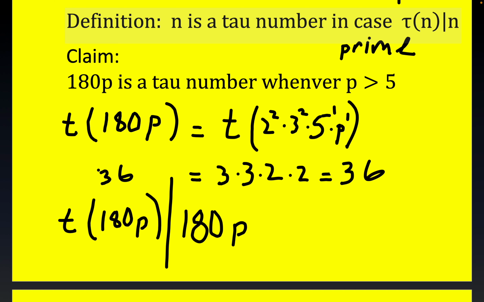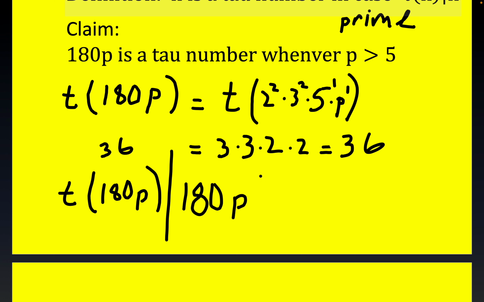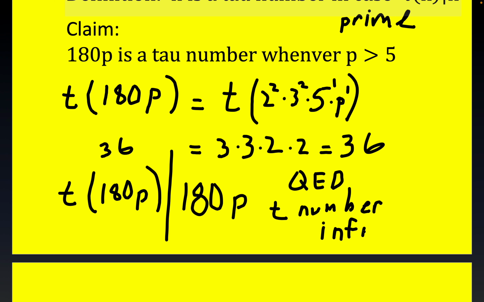So the claim has been proven, and also I can write QED to the overall claim that the primes are infinite. Since the primes are infinite, the tau numbers are infinite, right? So QED, tau numbers are infinite. Such a hassle to write all this out, but grossly abbreviated here.